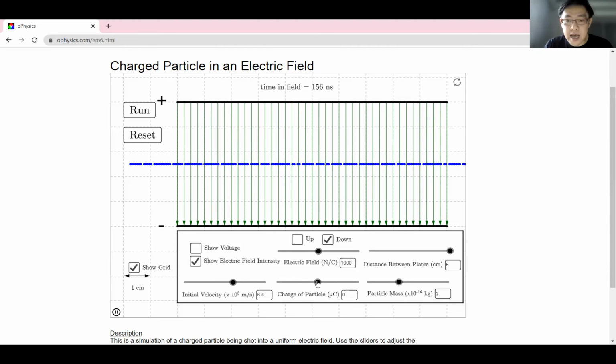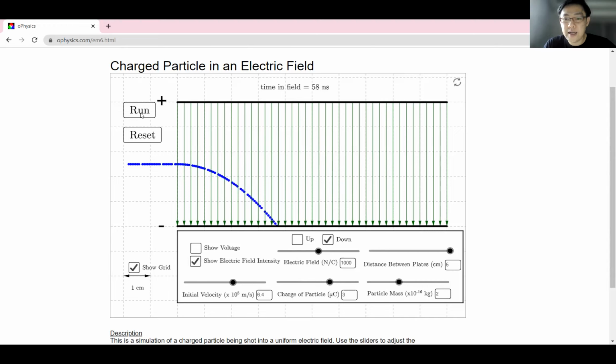Now, if you decide to move up a bit in terms of the charge, what do you think you can expect here, guys? Well, you pick a positive charge, but the electric field is pointing down, right? So let me reset this and run it again. What you can expect is it's going to curve down. See, it's a projectile motion here.